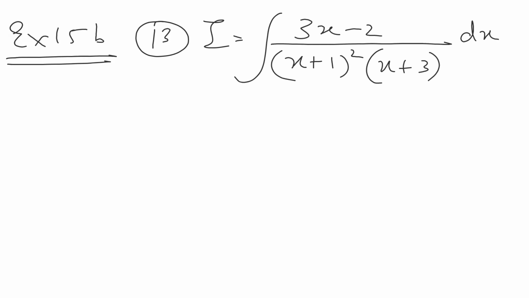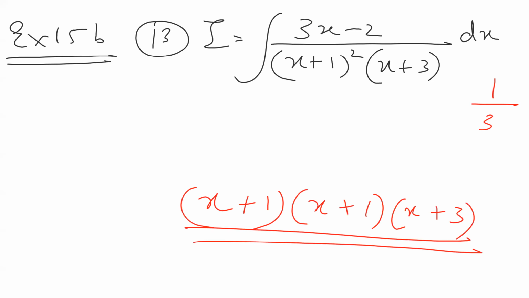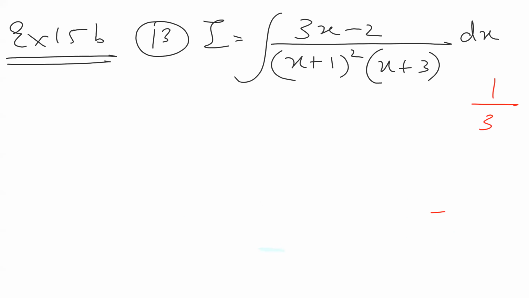So basically the degree of the numerator is 1 because there is x over here, and if you try to figure out the degree of the denominator, it will be 3, because when we multiply x plus 1, x plus 1, x plus 3, we certainly will get x cube. So the degree of the denominator is 3.